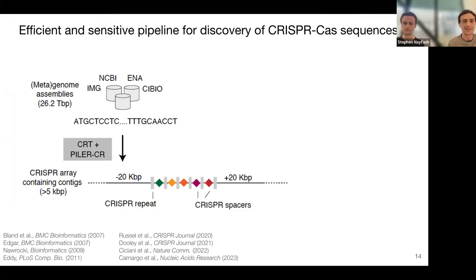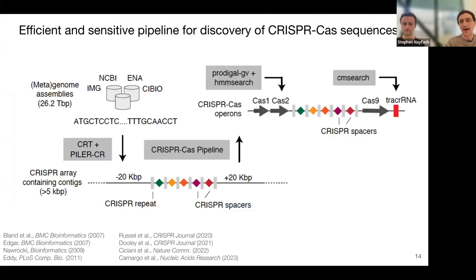These arrays consist of a repeating unit called a direct repeat that are interspersed with unique sequences that are derived from mobile elements. And then from these sequences that are longer than 5 kb and contain a CRISPR array, we extract a flanking region, plus or minus 20 kb, and then carefully annotate the protein coding regions and assign these to their functions.